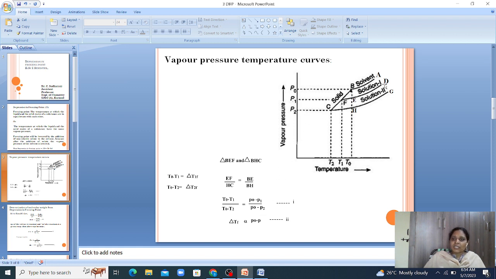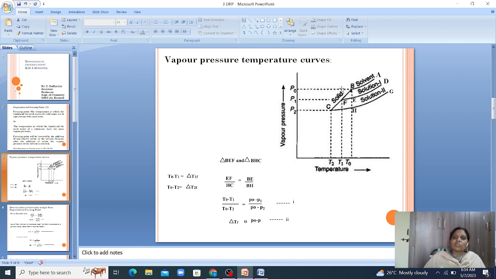For this we'll take three different systems: a pure solvent, solution 1, obtained by adding x grams of non-volatile solute to the solvent, and solution 2, obtained by adding y grams of non-volatile solute to the pure solvent.